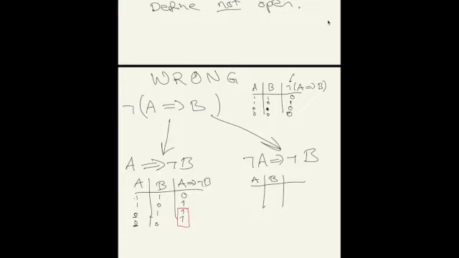And if we have not A implies not B, it may be easier for many people to do these in intermediate steps, but I'll speed this up a little bit. So not A implies not B. Well, when A is true, not A is false. So the implication is automatically true.